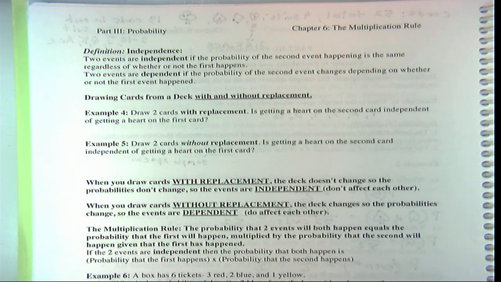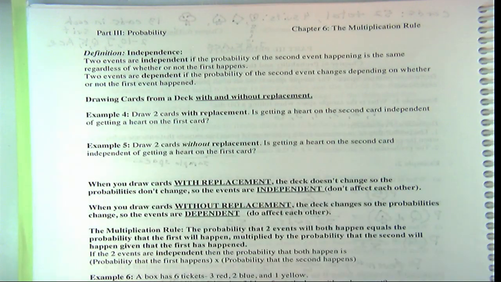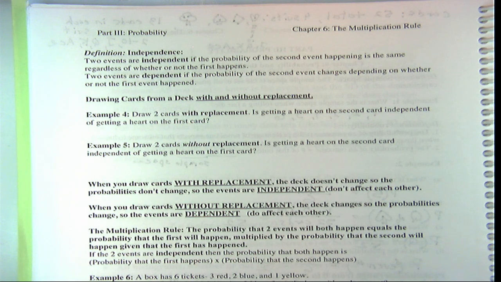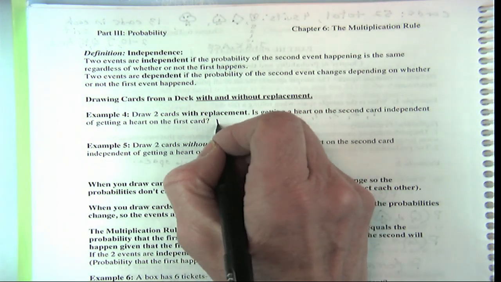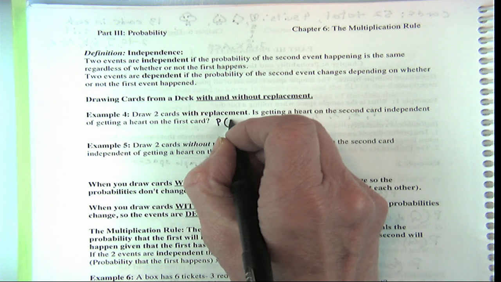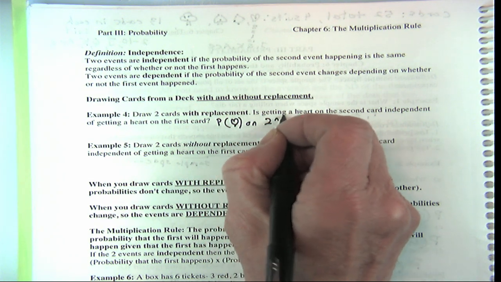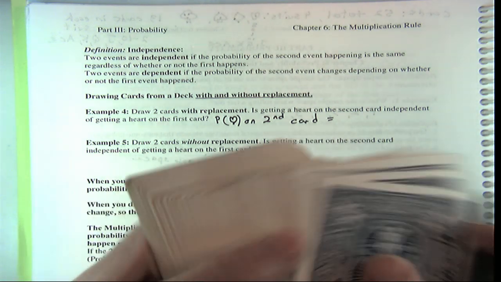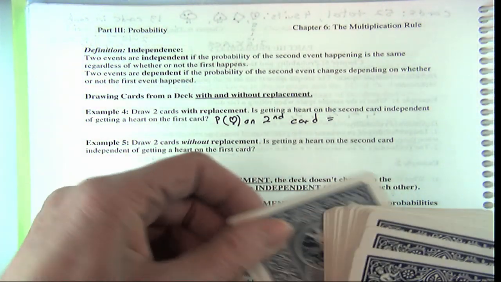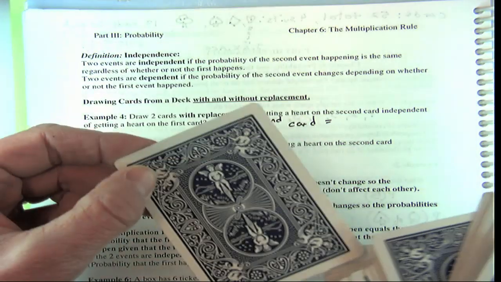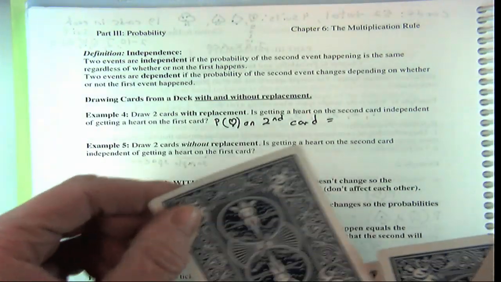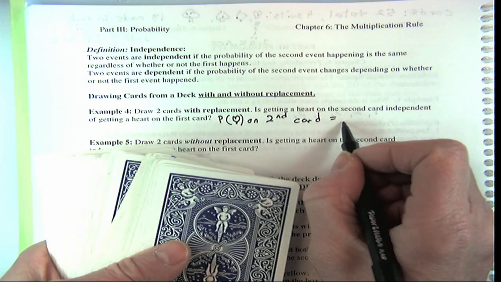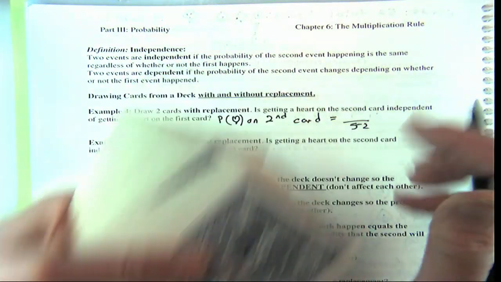So for example, if you draw 2 cards with replacement, is getting a heart on the second card independent of getting a heart on the first card? So the probability of getting a heart on the second draw is equal to what? There's 52 cards. Whatever I get on that first card, whether it was a heart and I stick it back, or it wasn't a heart and I stick it back, does it matter? Does it affect the chances on my second draw? No, there's still 52 cards in here, and there's still 13 hearts in here.